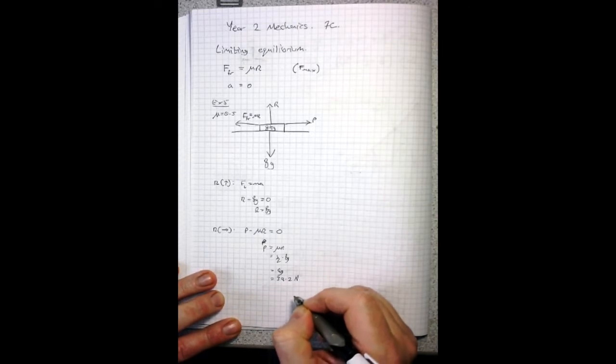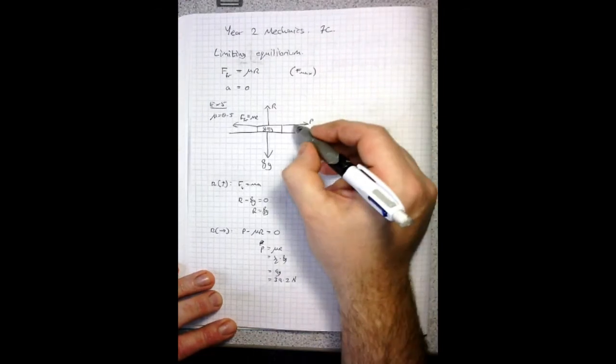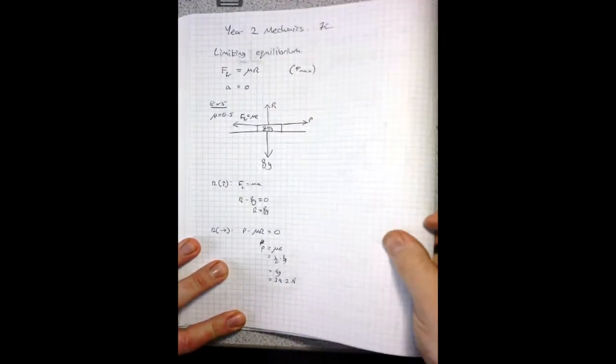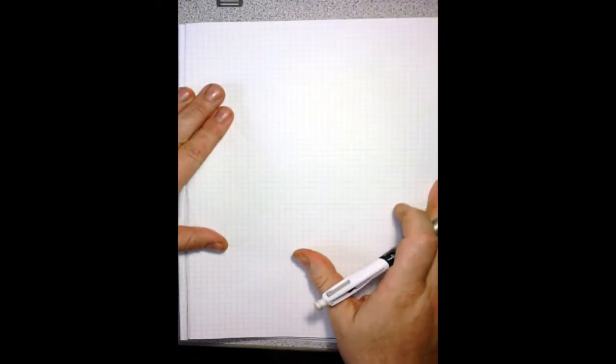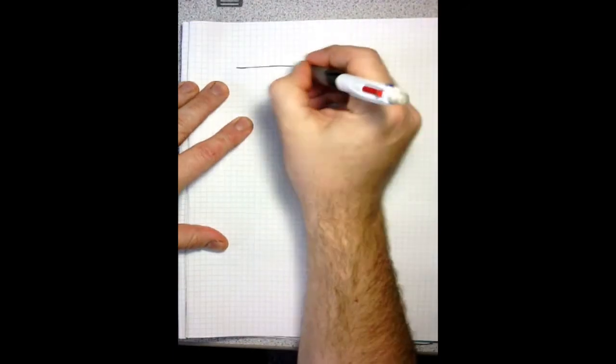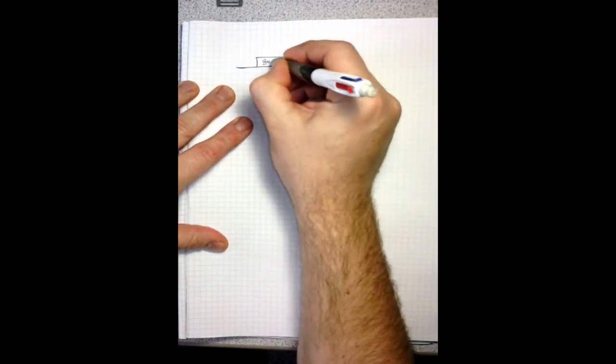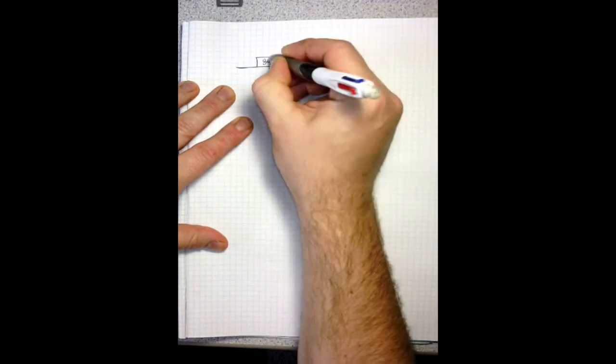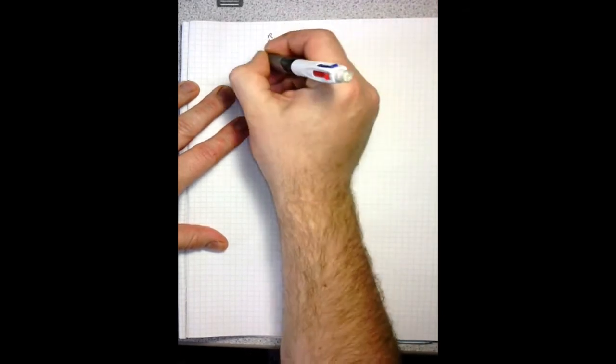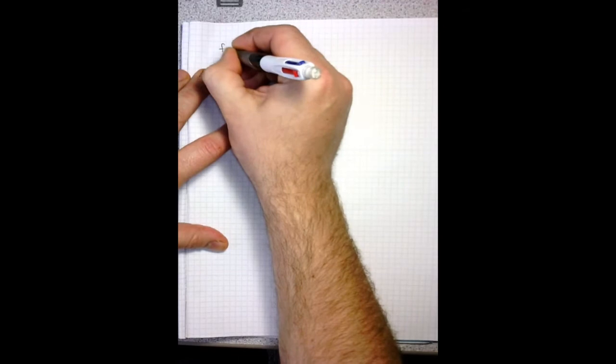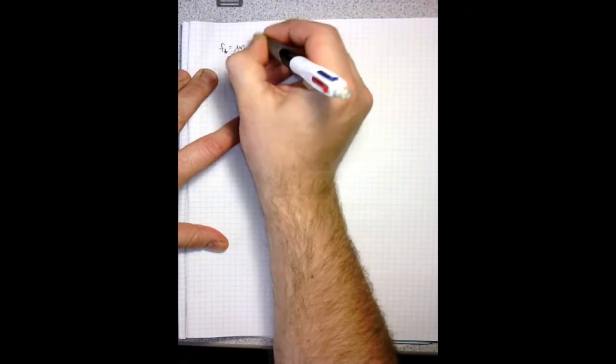Okay, if P is not horizontal, let's draw it out again. So 8 kilograms, 8g. Now R will change, of course, and so friction will change, but mu is still a half.